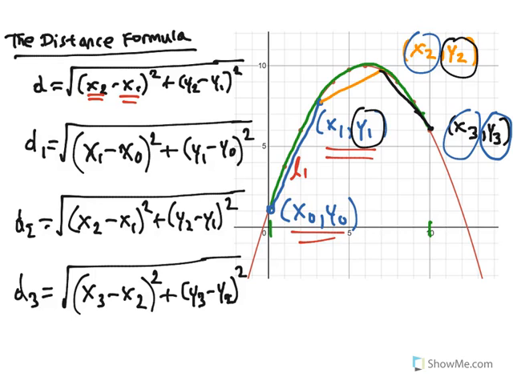So this is going to give you the length of each of these 3 line segments that you see in blue, gold, and black, and when you add them together, you will get a sum of these 3 lengths, which will give you an approximation for the arc length that we're interested in. And the idea is, the more line segments you use, the better your approximation should be.